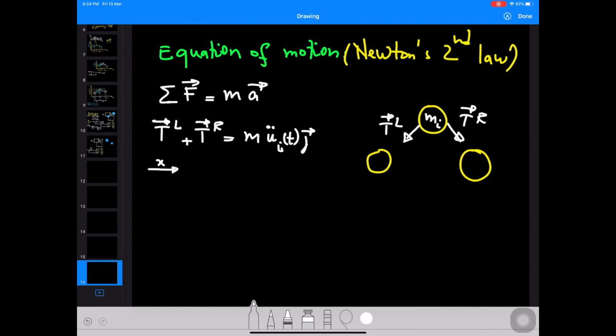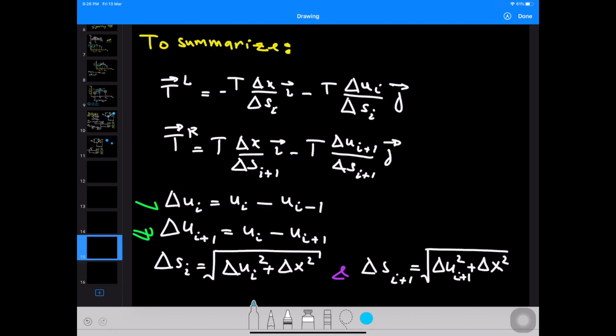now on the x-axis, it is not important to write the equation of motion since it will just lead to the tensile force being equal to the tensile force. So we will just discard this, and we will focus on the sum of the forces in the vertical direction. So in this direction, what we have is the following.